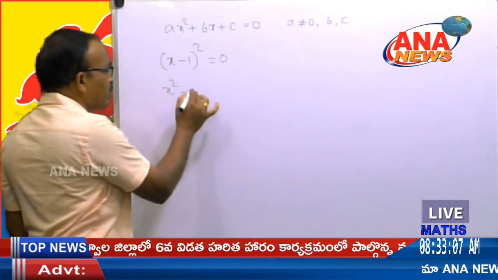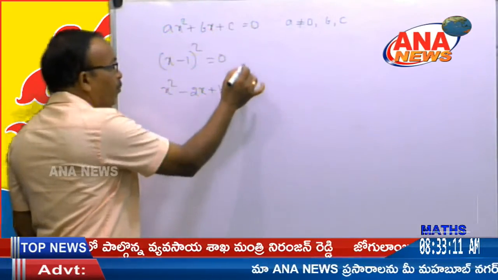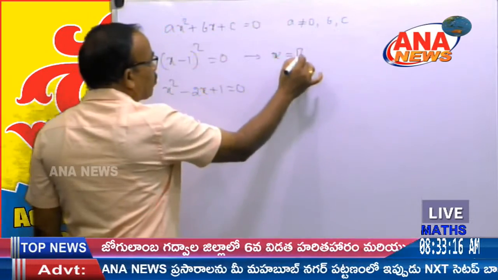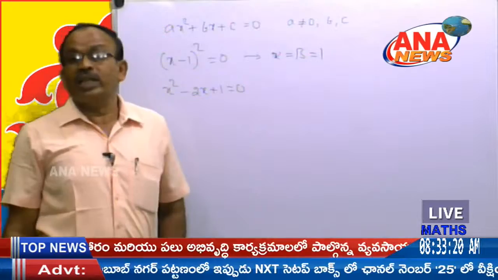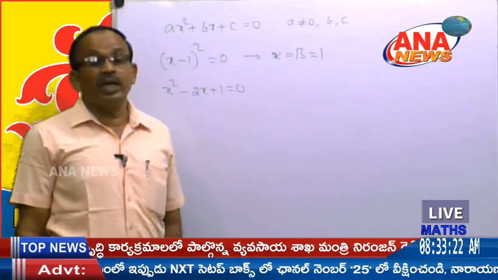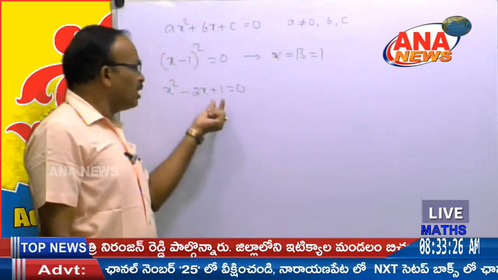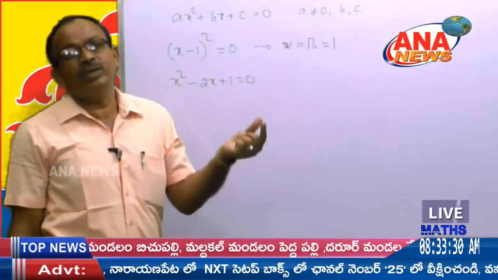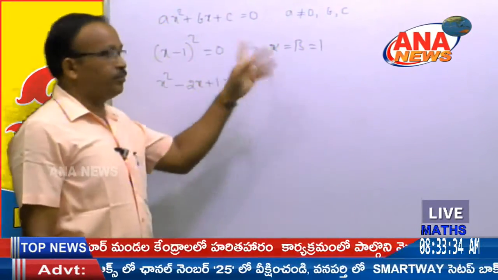Clearly this is x² − 2x + 1 = 0, but the roots are alpha = beta = 1. That means the two roots are equal. Here the second degree equation has at most two roots. Of course the equation has two roots, but the two roots are equal.